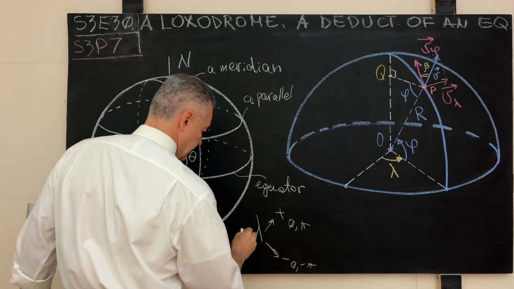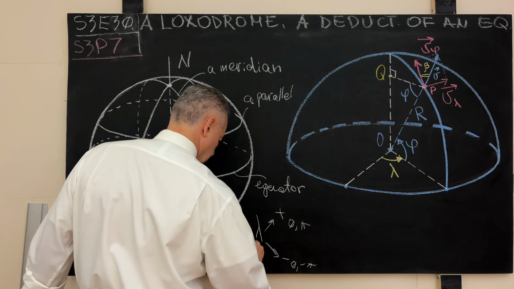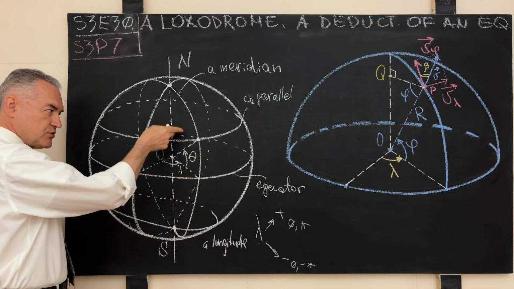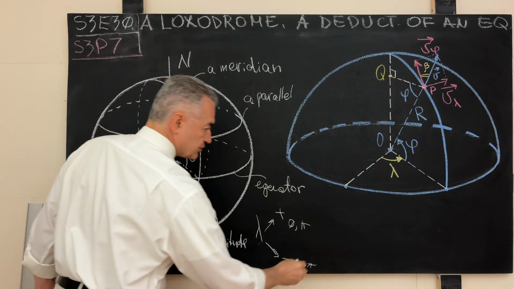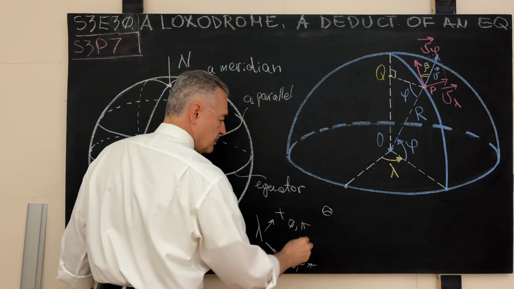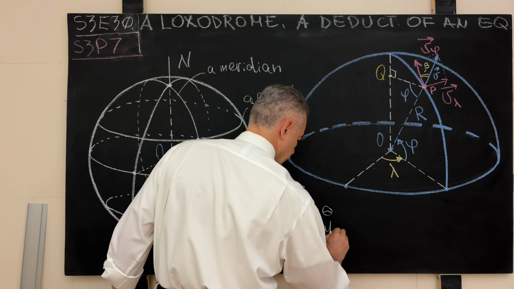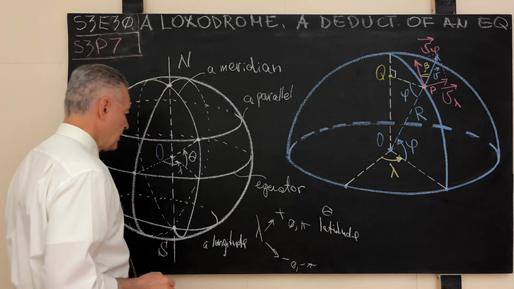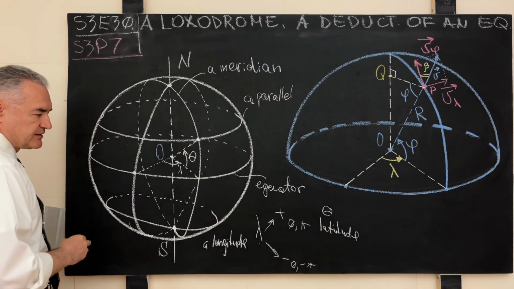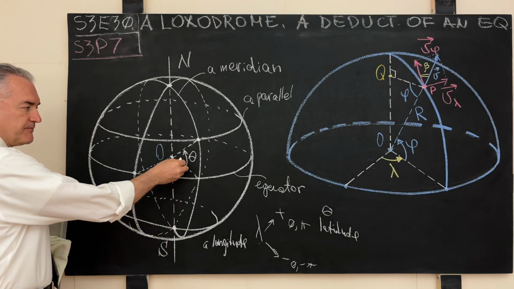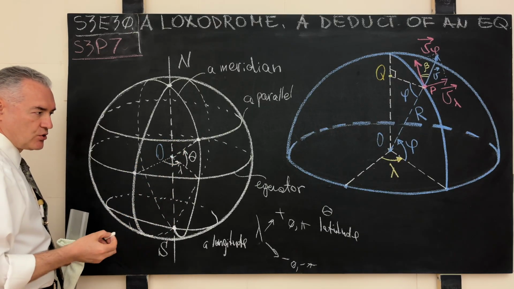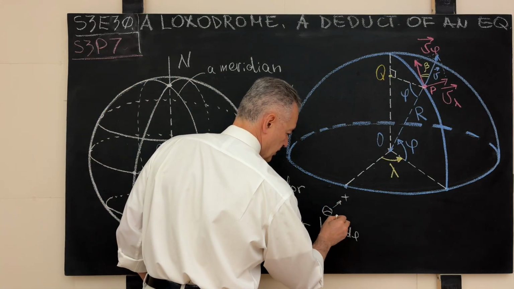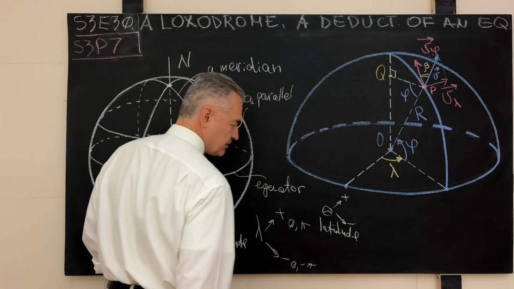So let's say the longitude is lambda. This is the longitude, and this will be the latitude. So theta will be the latitude, and you of course understand by now that the latitude can be measured also with positive real numbers and with negative real numbers.